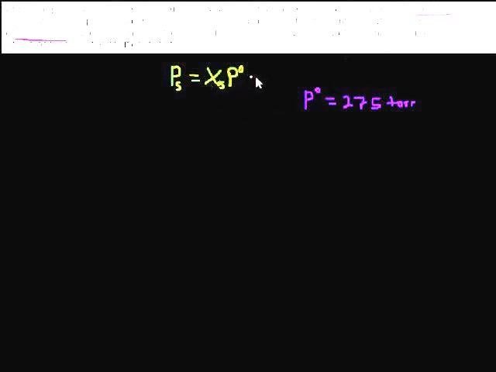Mole fraction is moles of what we're looking for equals moles of what we're looking for, in this case moles of the solvent, and then we need the total moles.